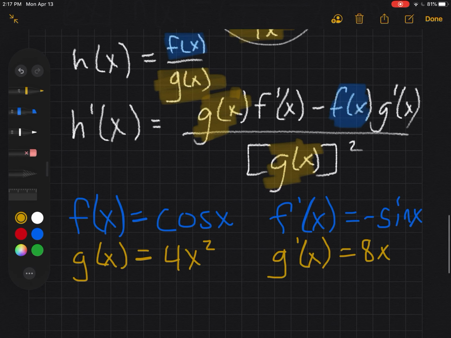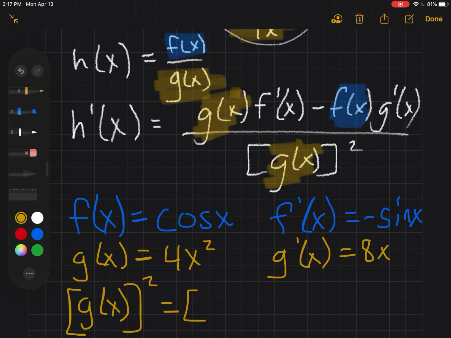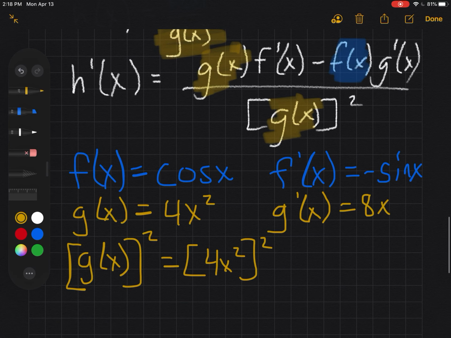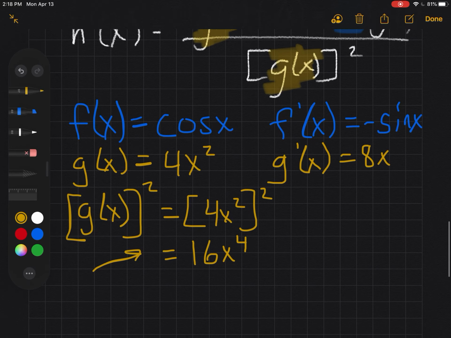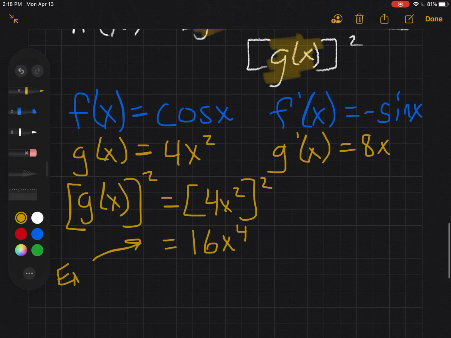So the derivative of that function, oops, I said d of x, that's silly. Don't know where that came from. Quarantine's getting to her. g prime of x will be 8x. And then because I'm also going to need it, if I take g of x, the whole thing, and I square it, that's going to be the whole thing, 4x squared, squared. And that's going to give me 16x to the 4th.